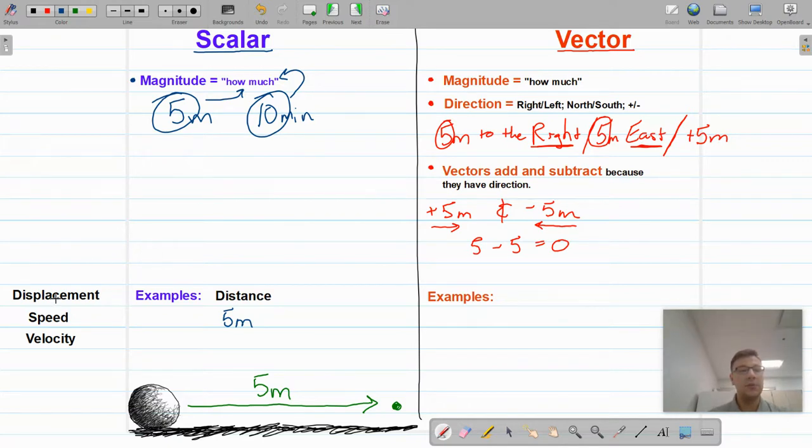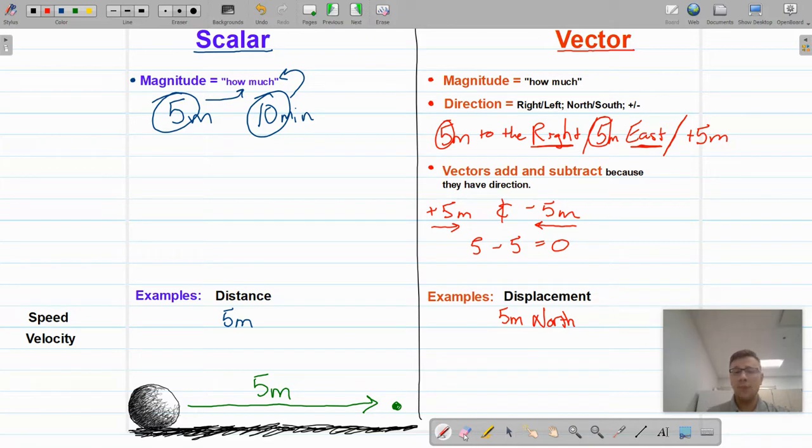The difference between that and displacement is that displacement does have direction. Another example here would be 5 meters north. Where the distance would be just 5 meters, the displacement is 5 meters north.